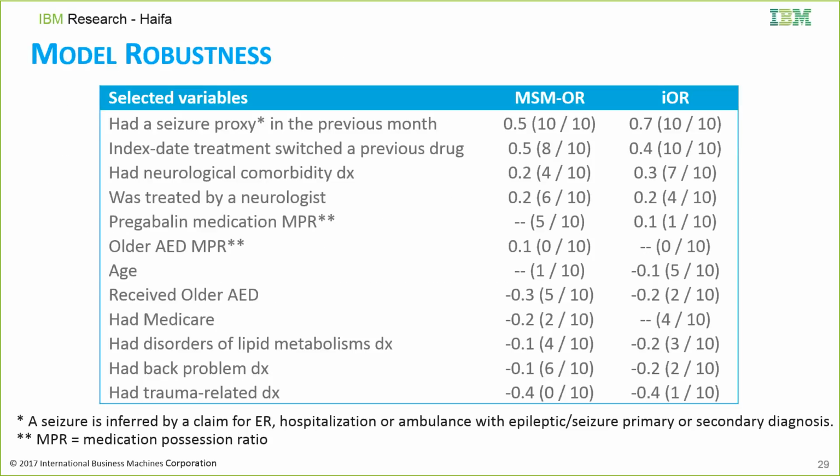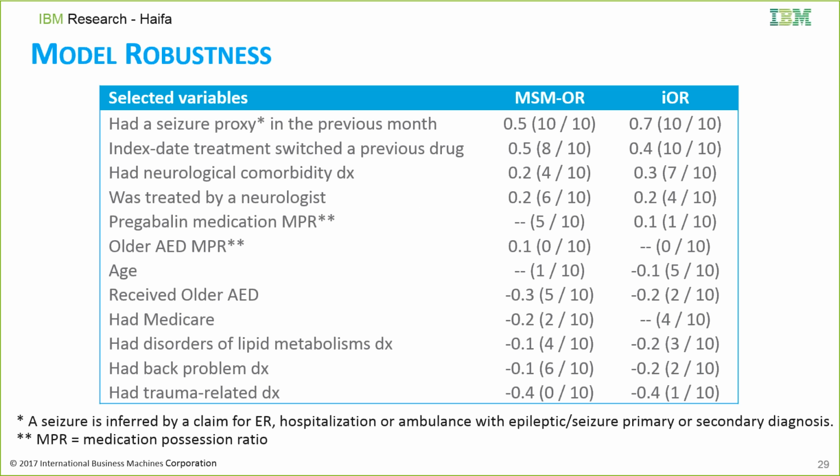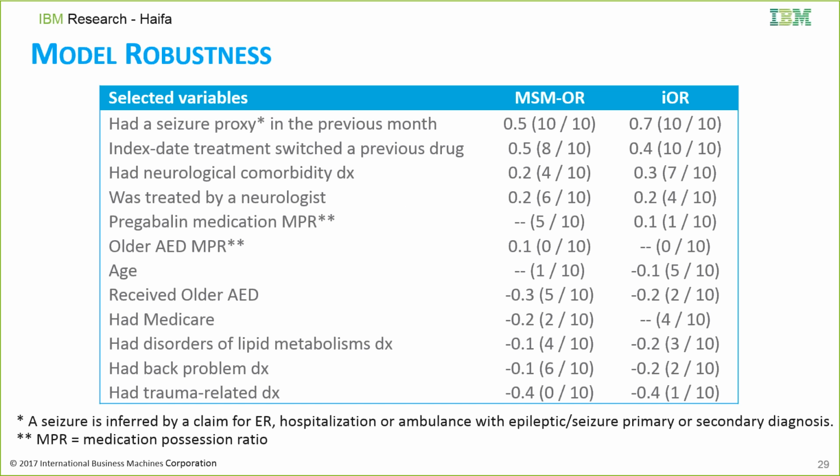Okay, so this table compares the two approaches in terms of the features that end up selected for each one of the models. The numbers here are the coefficients in the final model, including all the original data, and the numbers in the parentheses are for testing robustness.